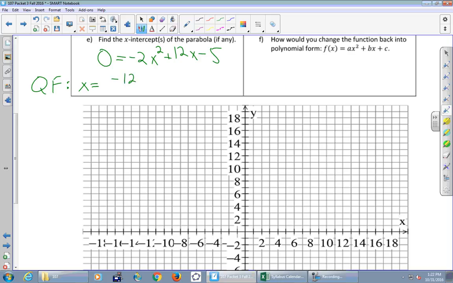So negative b, negative 12, plus or minus the square root of b squared, 12 squared, minus 4 times negative 2 times negative 5, all divided by 2 times negative 2. Notice my abundant use of parentheses. You didn't need as many parentheses as I put, but sometimes you do, and it's better to have too many than too few.